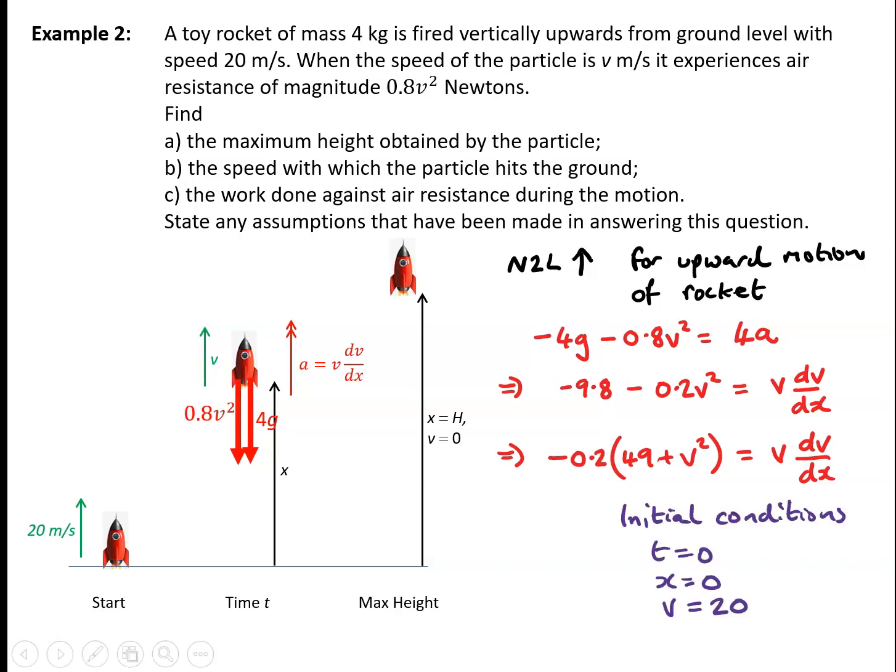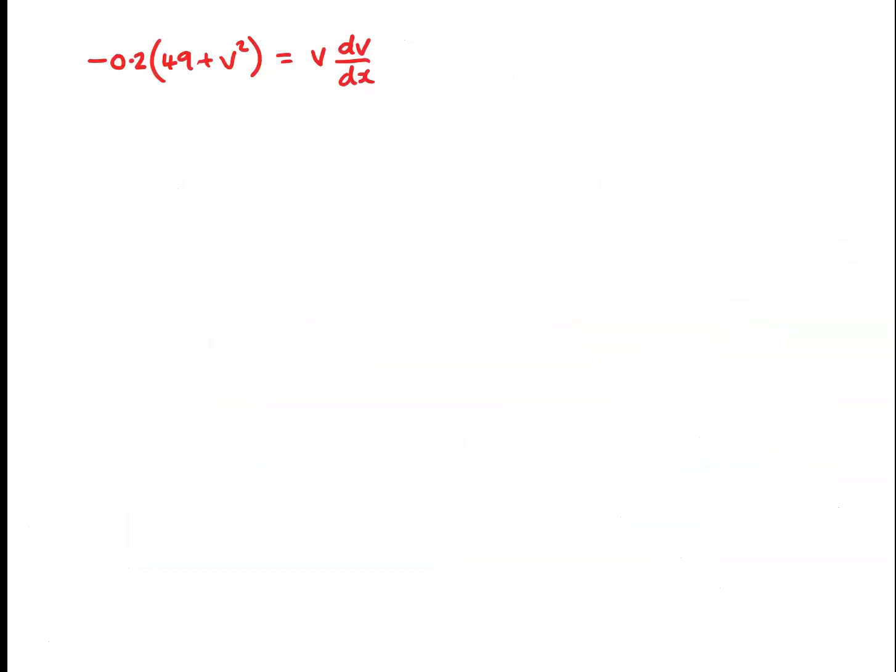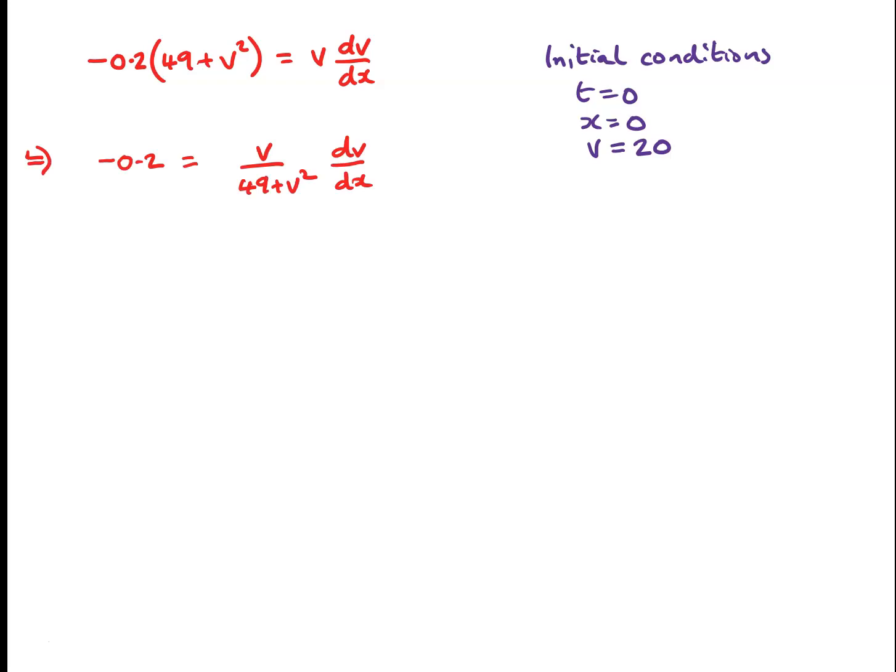And attached to this differential equation, we've got initial conditions that when t equals 0, we've got x equals 0 and v equals 20. So there's my differential equation. Dividing through by 49 plus v squared gives me minus 0.2 equals v over 49 plus v squared dv by dx.